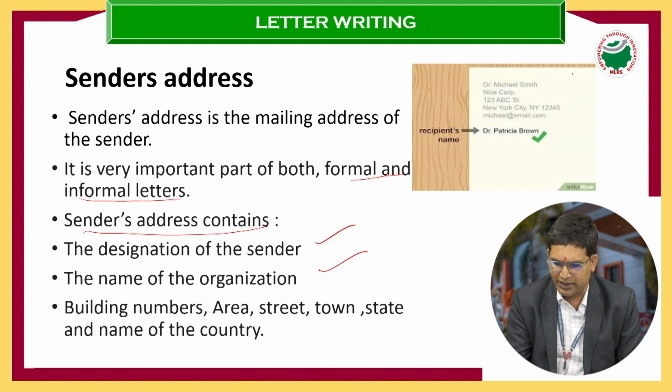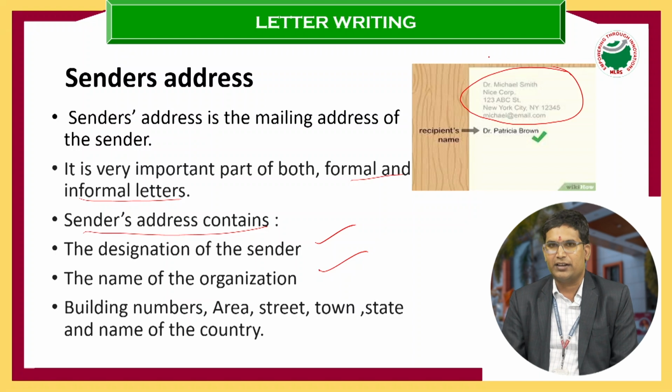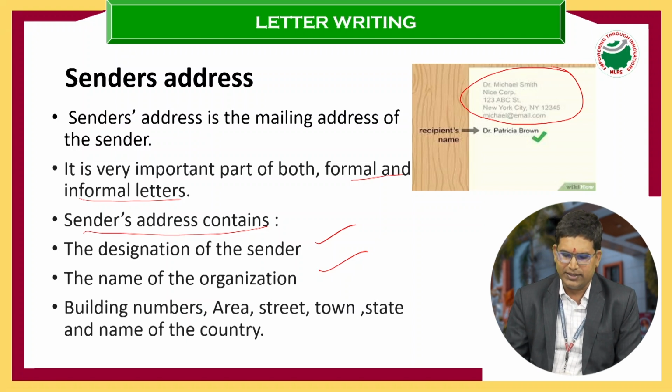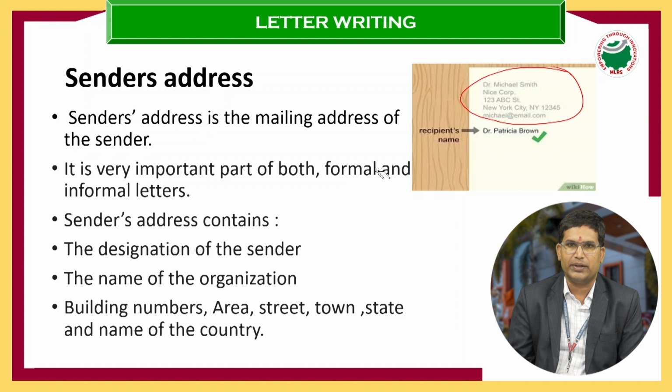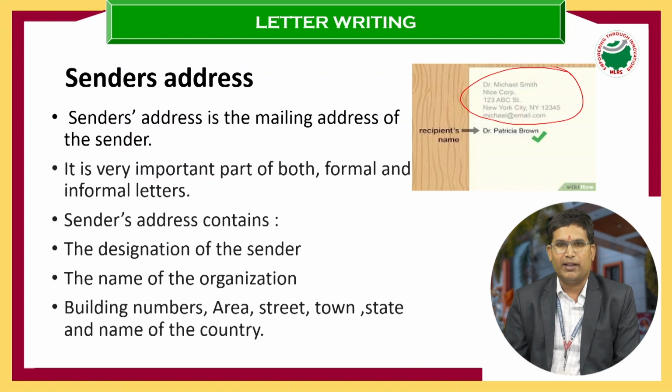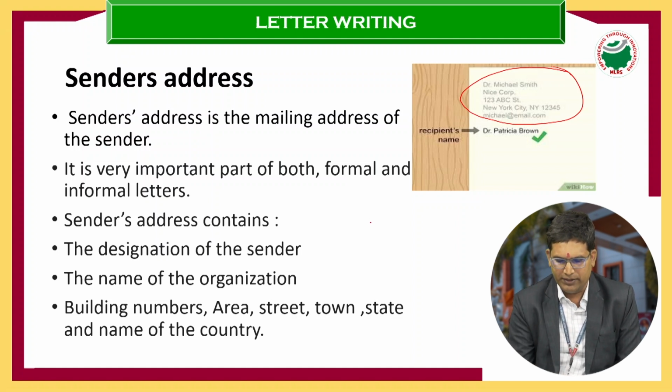Here you can observe the sender's address, which is circled: Dr. Michael Smith. The organization name I mentioned is Nice Crop, and the address is 123 ABC Street, New York City. The sender's address means the person who is writing the letter. Suppose I am writing a letter to my HOD. To whom am I writing?